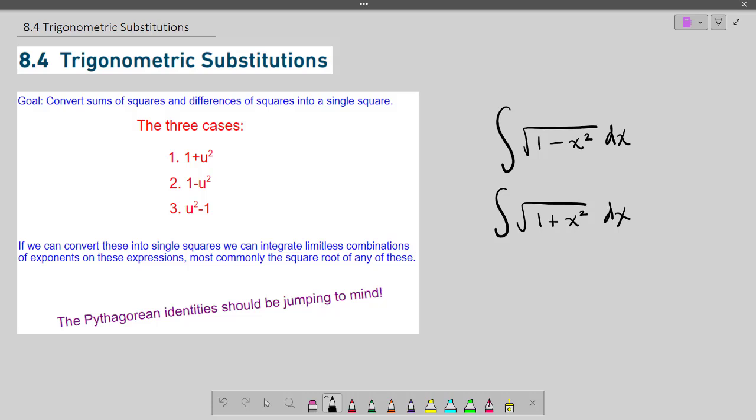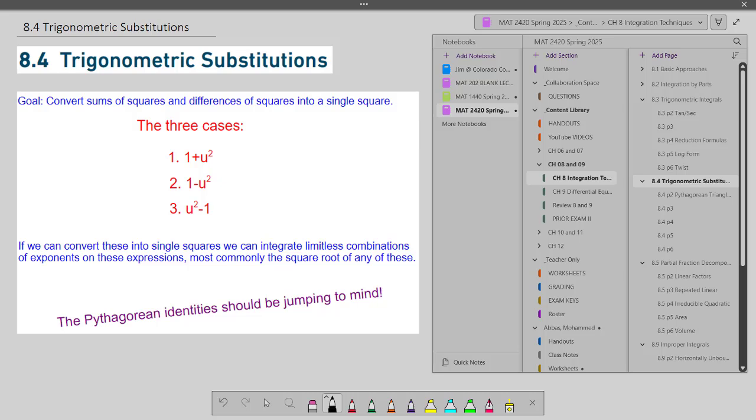When we see sums and differences of squares and we can't do it with regular substitution or integration by parts, then usually it's going to be trig sub. And so we are going to see three separate cases. And these cases, when you look at these basic sums and differences of squares, should remind you of the Pythagorean identities. It looks very Pythagorean-like. So let's take a look at what I mean by that.